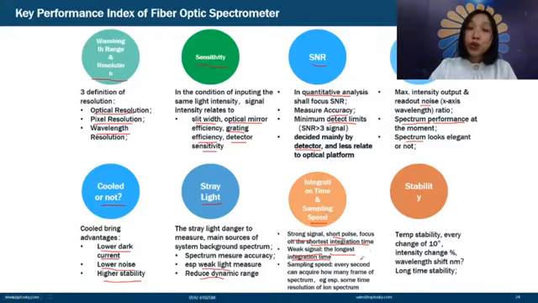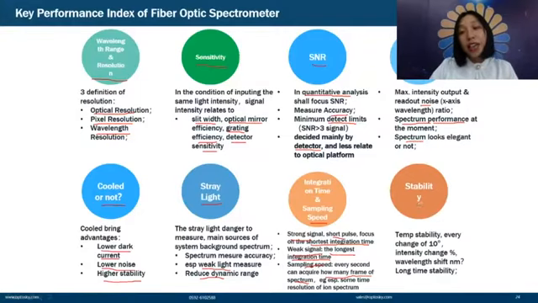However, if you want to take a picture of the stars, you want the longest integration time. And next is the sampling speed. What's the sampling speed? Sampling speed is how many frames of spectra can be acquired per second. Especially, we can say some spectrometers have over 1,000 frames per second.